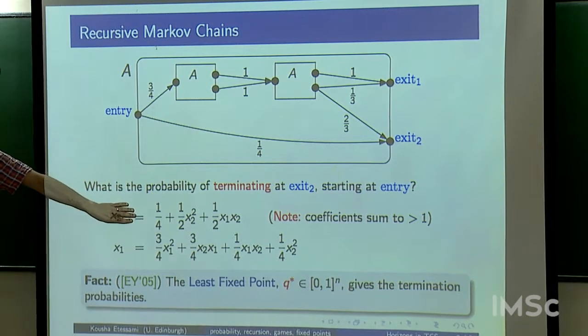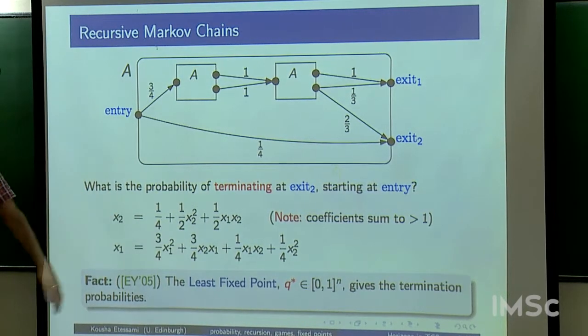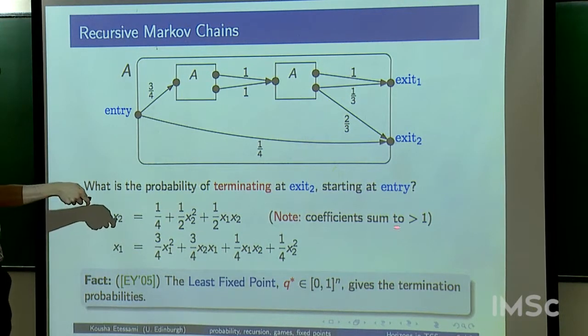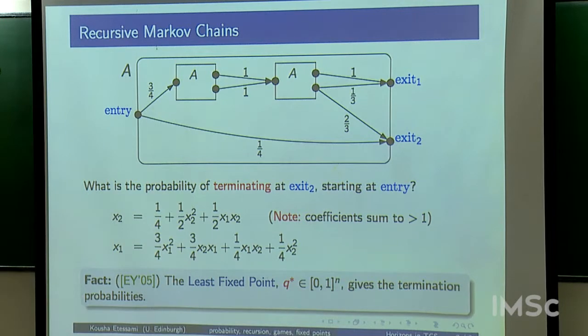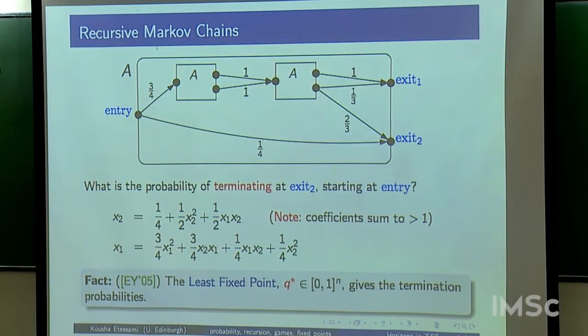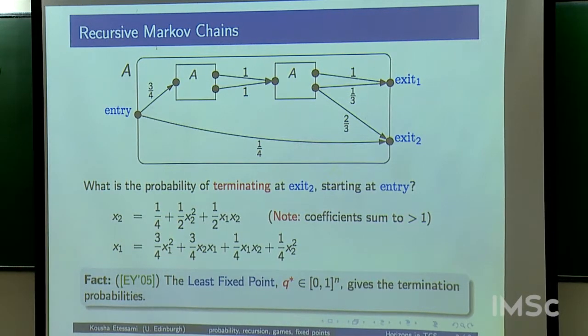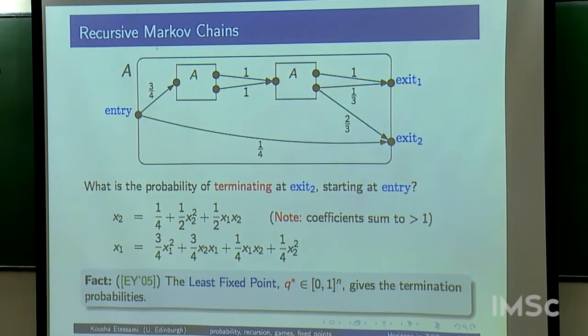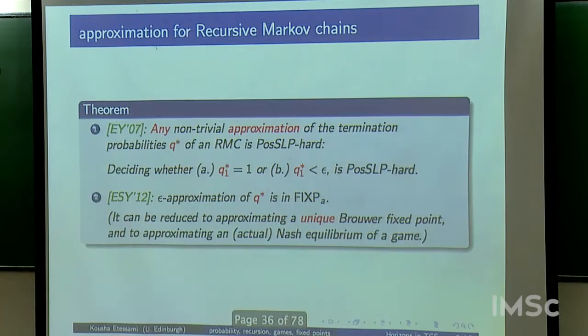Notice that this is a monotone polynomial system of equations, but it's not probabilistic because the coefficients sum to greater than 1. Indeed, it's not probabilistic, but nevertheless, the least fixed point gives us these termination probabilities. And it turns out that for general recursive Markov chains, any non-trivial approximation of the least fixed point is PosSLP hard, despite the fact that, so let me state it.